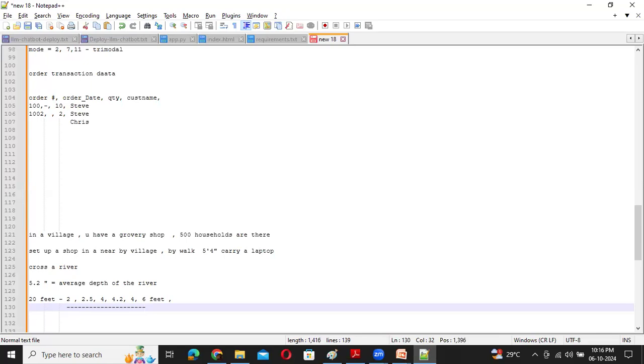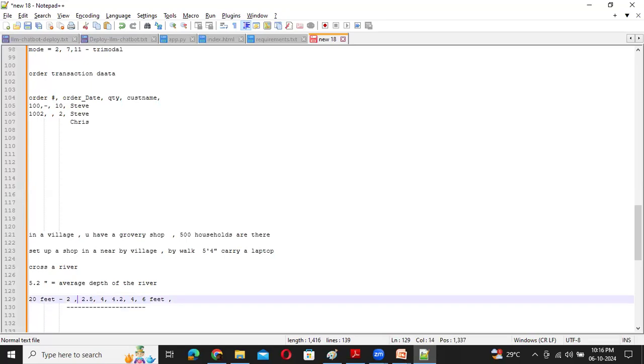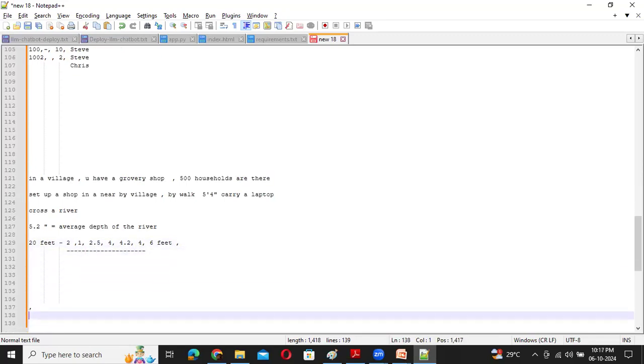So by understanding that, more the spread, more the volatility. Somewhere it is 2, and somewhere it is 2.5, and somewhere he says 1 foot is there. Somewhere he says, after you cross 1 furlong, it's going to be 1.5 feet only.